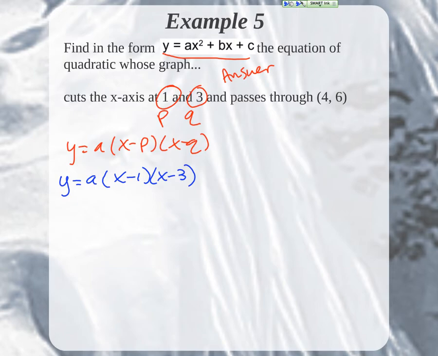So now we don't have an intercept, but we do have another point, and that's why I mentioned it earlier. You don't always have an intercept, even though that was really heavy on the other examples. But I have a point that's on there, so I can plug that in for x and y. It's on my parabola.